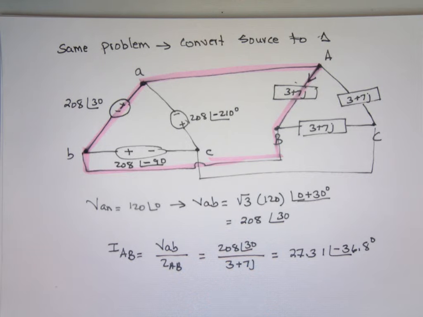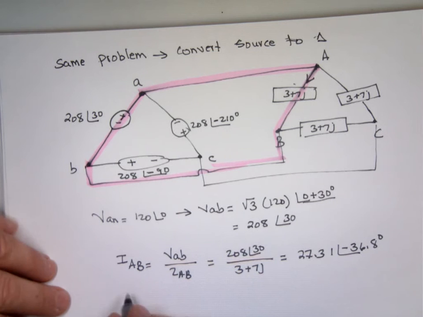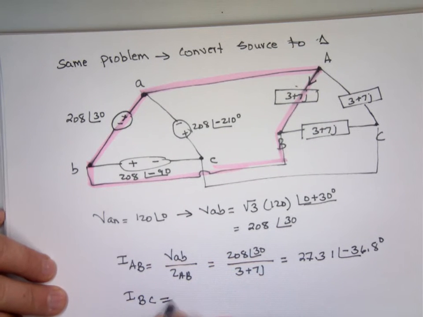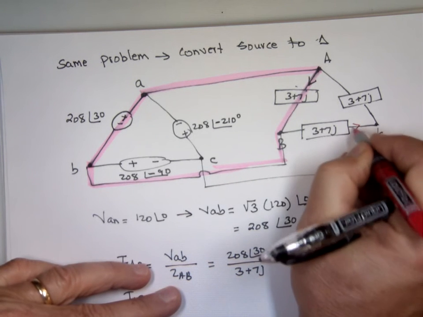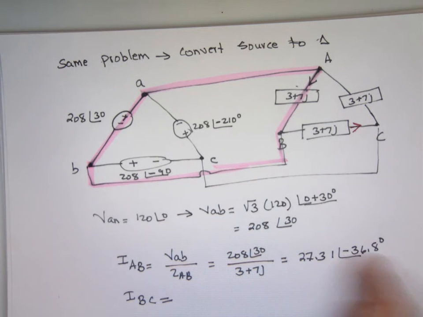I know what I sub B to C is. I sub B to C, that's this current. It's the voltage here, so it's going to be the same as this, except subtract 120.